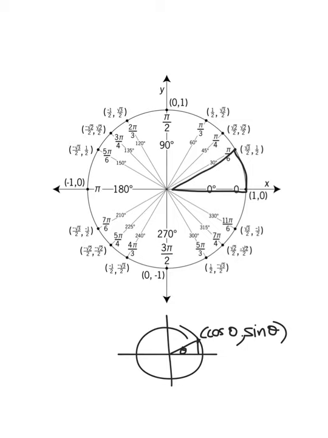So this root 3 on 2 here is actually where the line, the angle 30 degrees meet. And so that's cos 30, sine 30. You put that in your calculator, you would get root 3 on 2 and a half. That's how the unit circle works. Cos 30 is root 3 on 2, sine 30 is a half. They're the x and y coordinates.